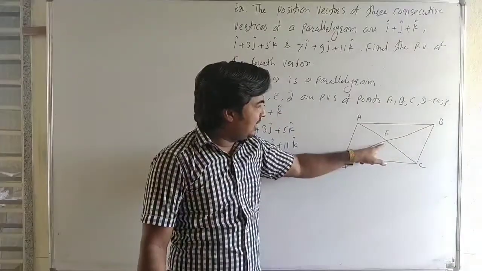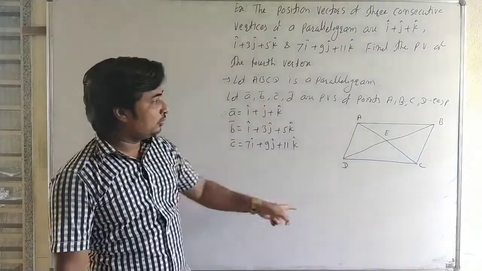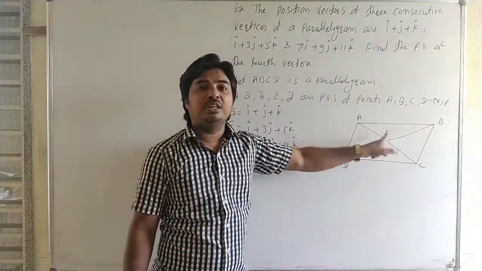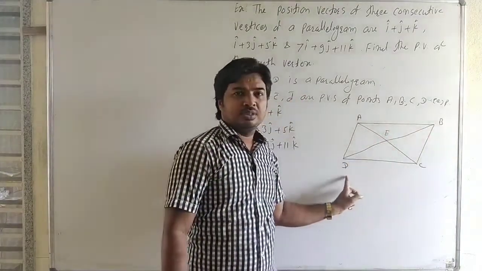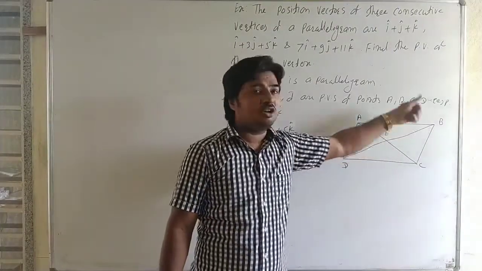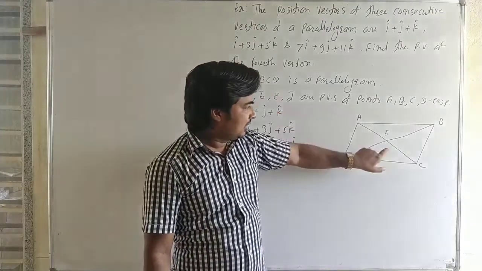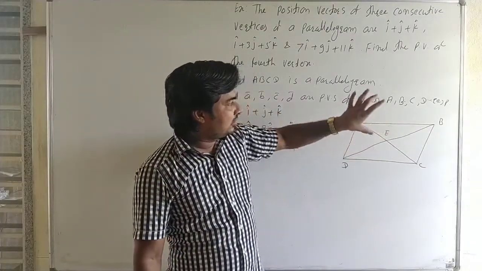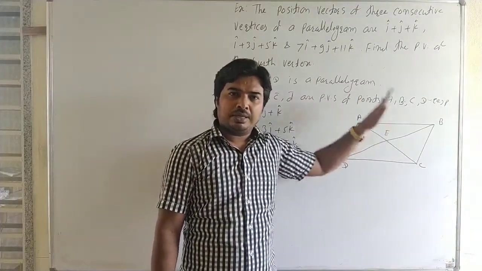A and C are given, so we find the position vector of point E, and since E is the midpoint of BD and B is already given, we then find the position vector of D.